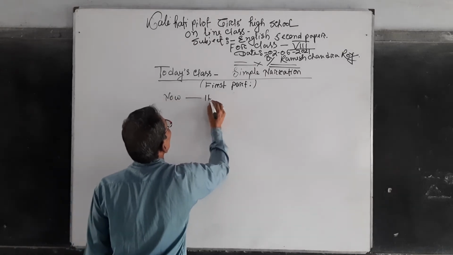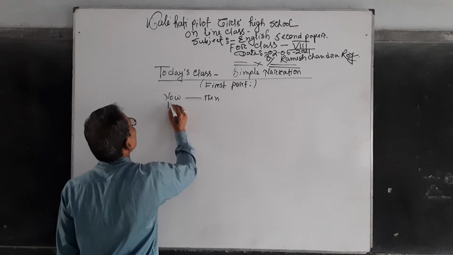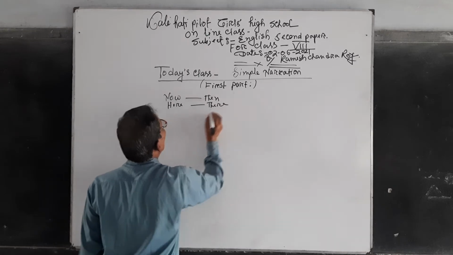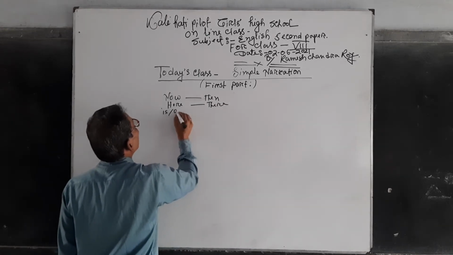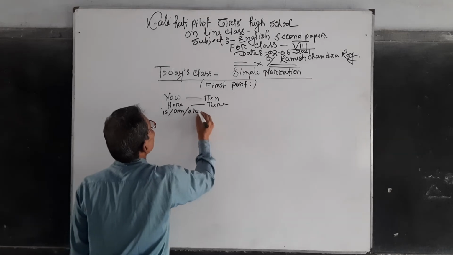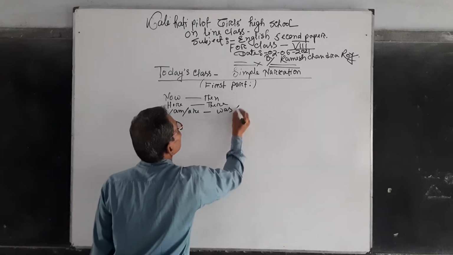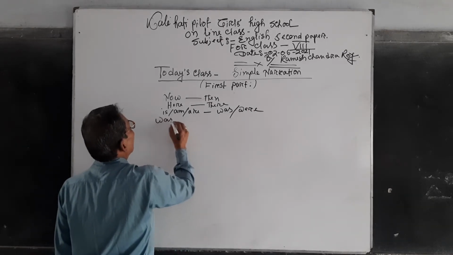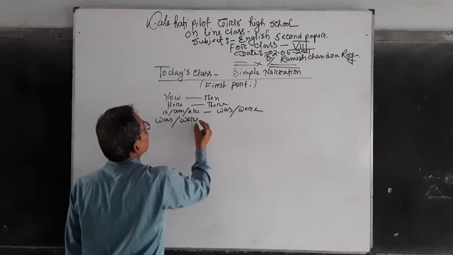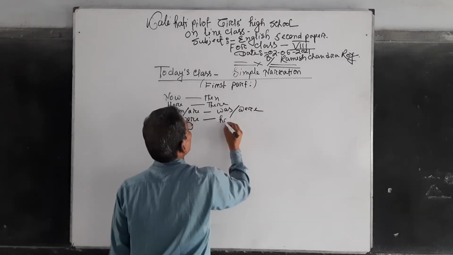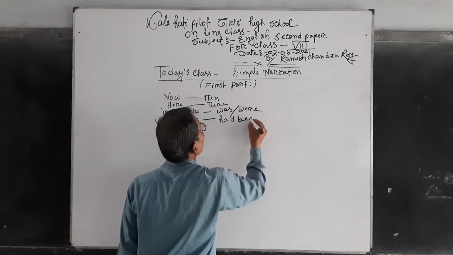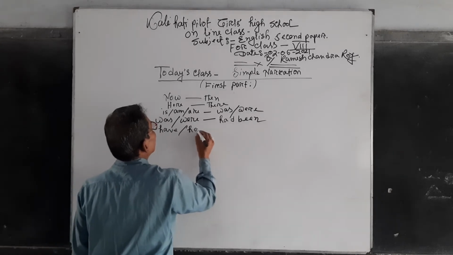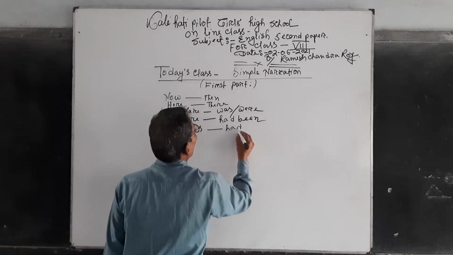Now will be then, here will be there. Am, are, is will be was; where will be was; have, has will be had.